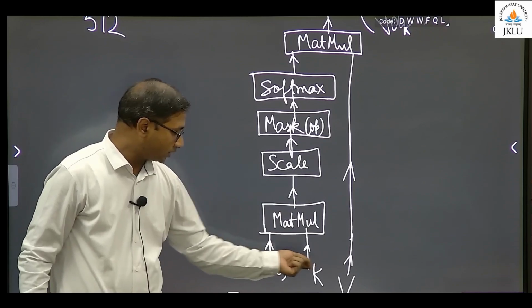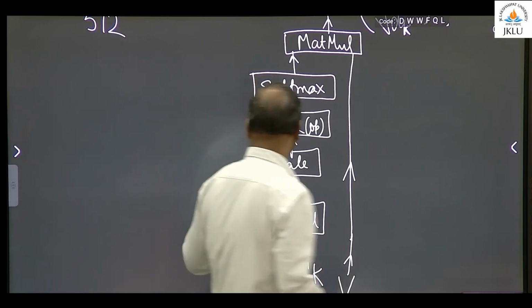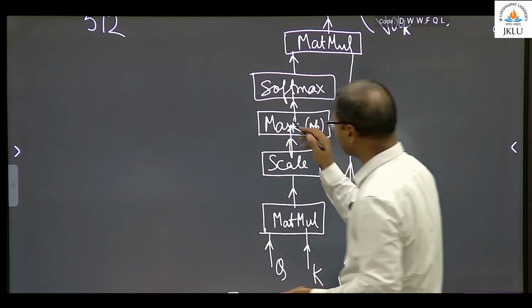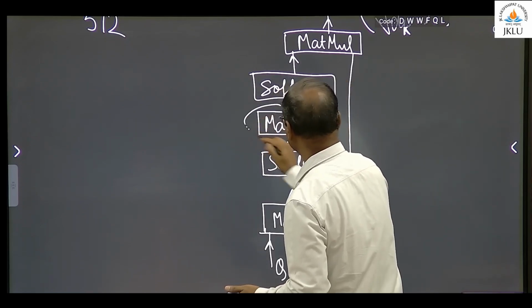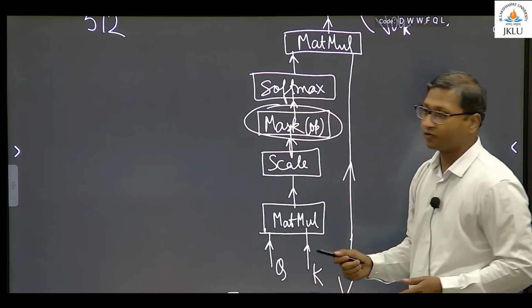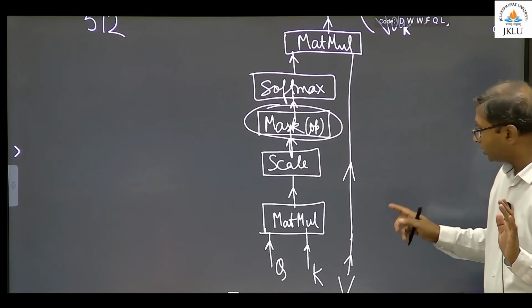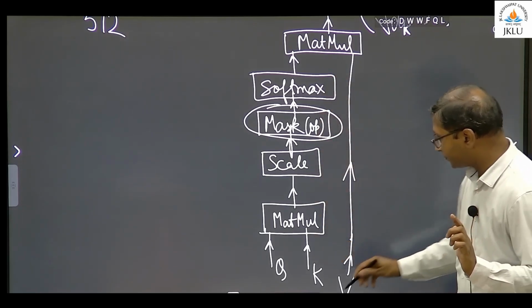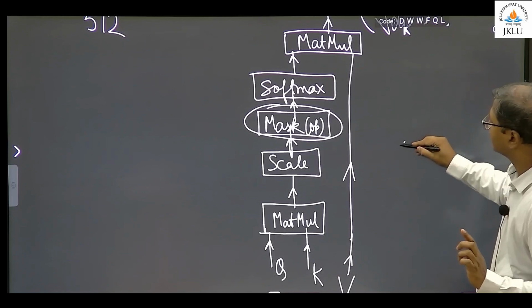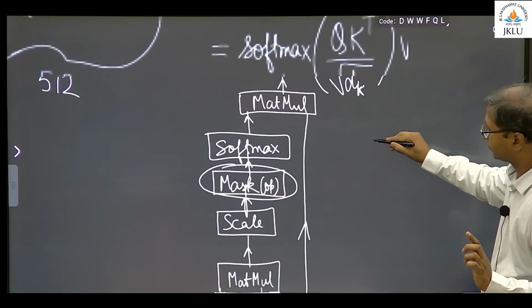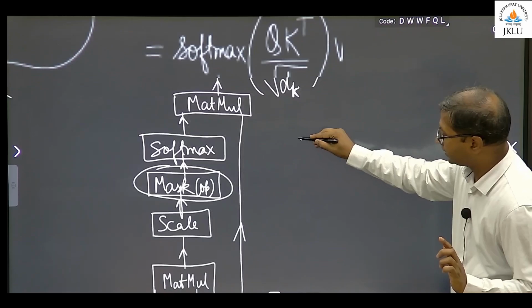So you somehow multiply this Q, then you scale, mask is optional, so I will keep it optional for the time being. Then you take softmax, then you take matrix multiplication again, right? So this is just a pictorial representation of this equation here, maybe have a look at it.